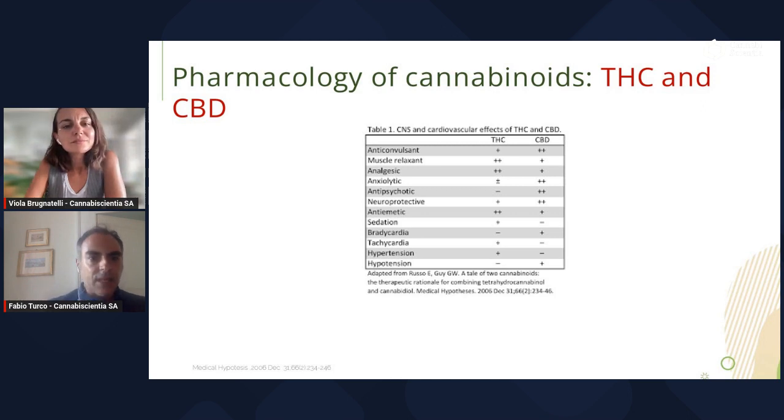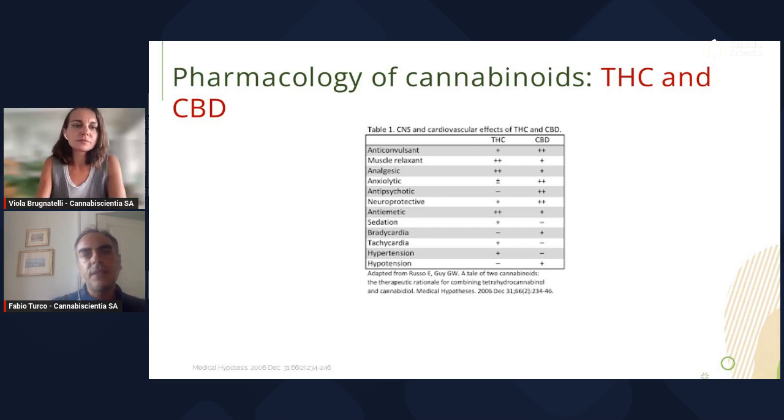This is my last slide, and I propose this slide because, as we can see, some of the effects exerted by THC are similar to those exerted by CBD, the other main compound found in the cannabis plant.